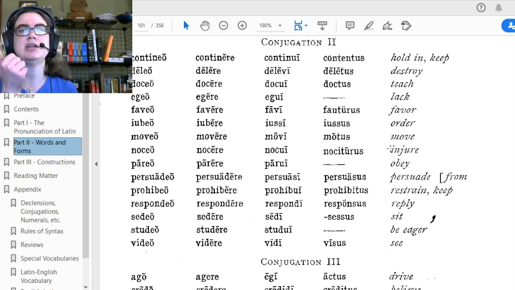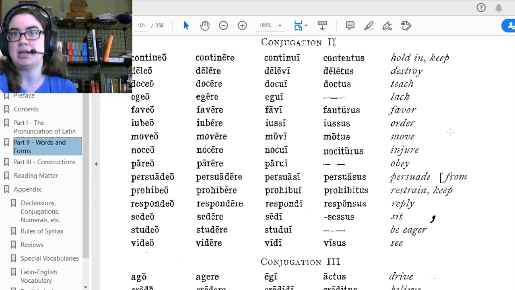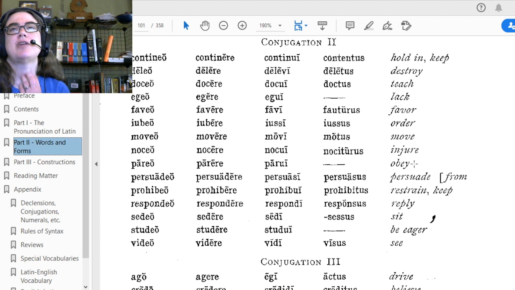To be given an injury, but it just, because it's not an accusative object and a dative object, it apparently confuses Romans. You see that with obey also. So obey is another one of those verbs that takes a dative object, and there's no passive in that either.